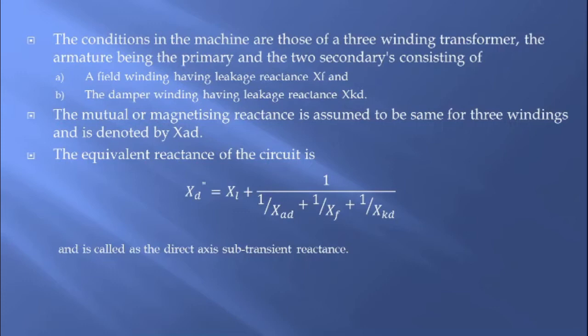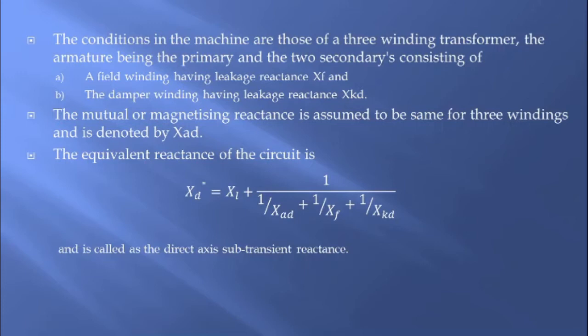What is XD double dash? It is the subtransient direct axis synchronous reactance. I repeat, XD double dash is the subtransient direct axis synchronous reactance, and its value is given by XL in series with the parallel combination of all three reactances, that is damper winding reactance, field winding reactance and armature winding reactance.